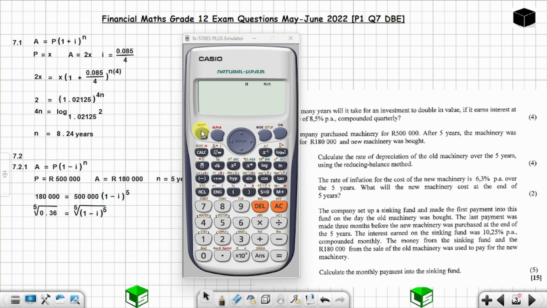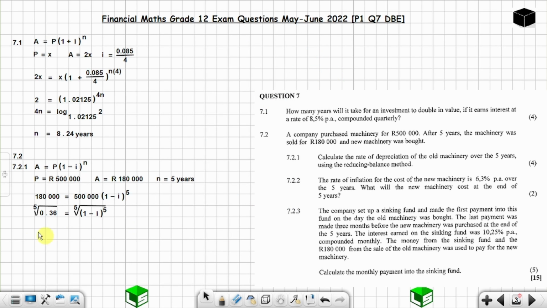When you take the fifth root of 0.36, you get a long decimal. We don't want to round off for now, so we leave it like this so that we don't affect our final answer.